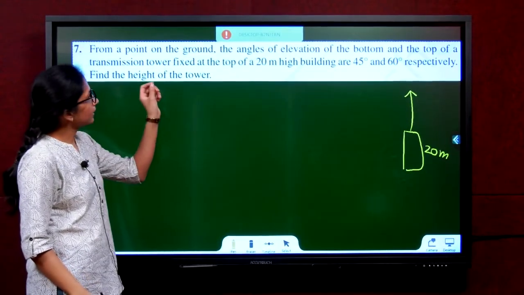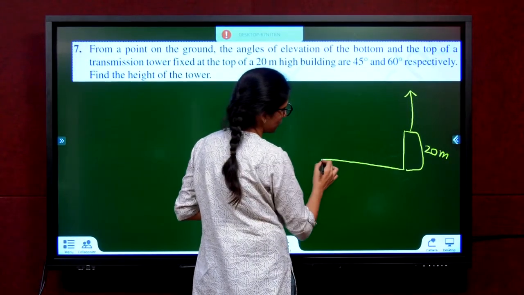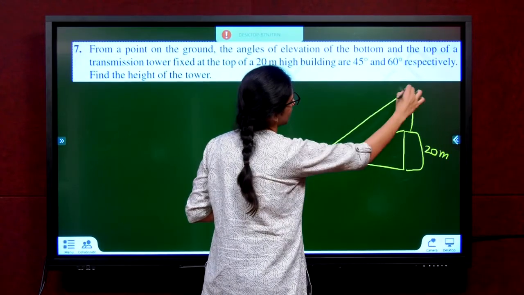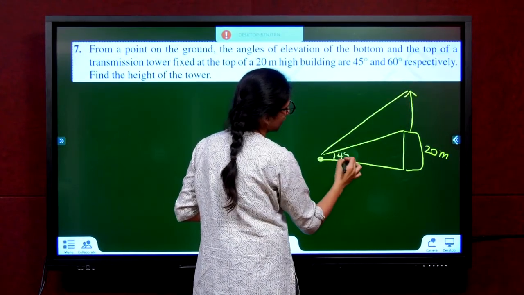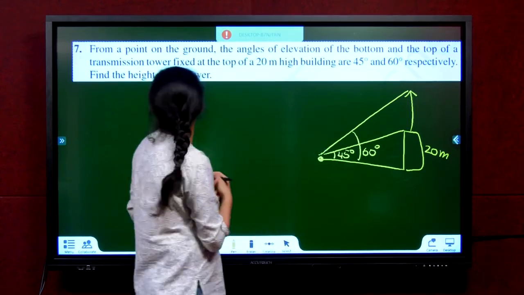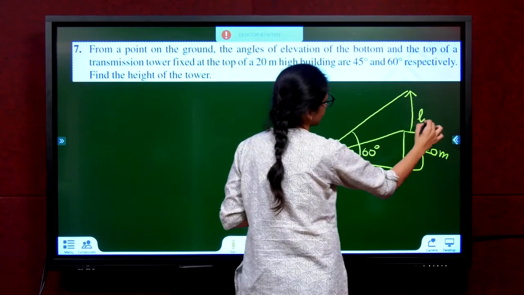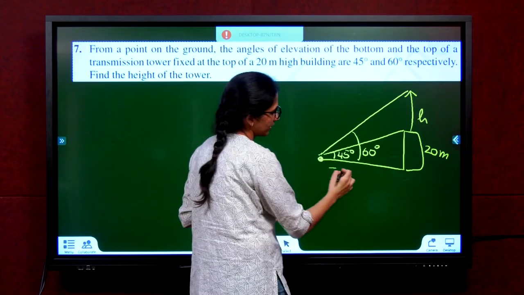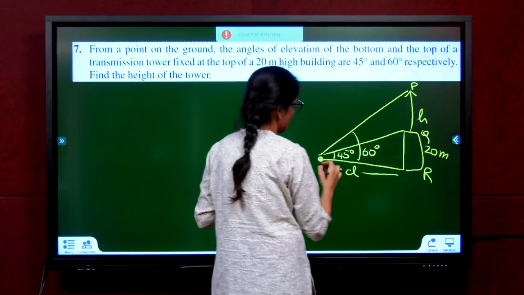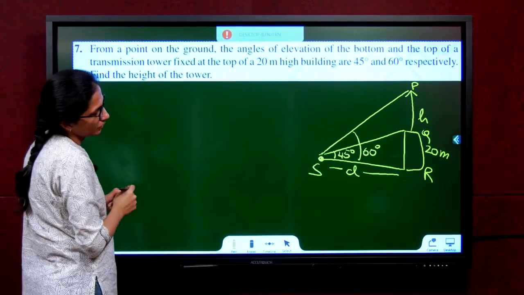Find the height of the tower. This is the height of the tower. Let's call this as D. PQRS. Fine? Okay. So now let's start.